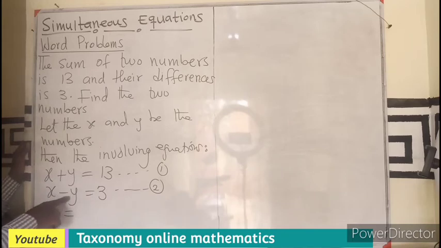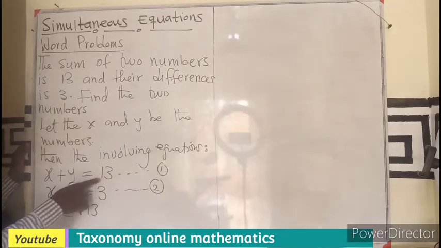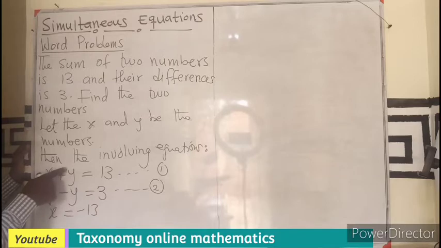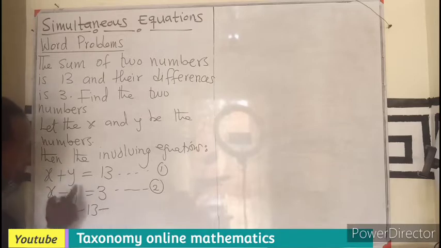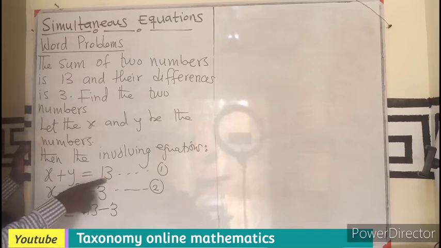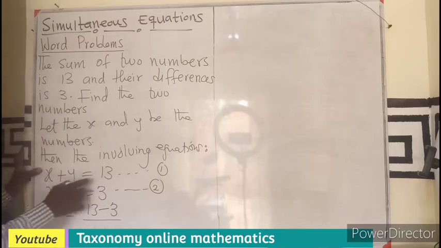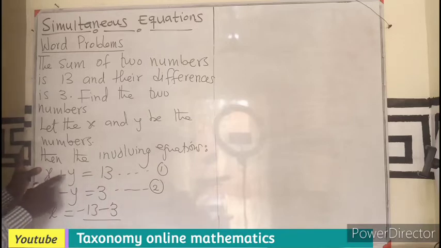I'll be using minus 1 to multiply 13 from down to top. That will be minus 13. Then from top to down, that will be 1 times 3, and we subtract: minus 13 minus 3 gives minus 16. Divided by, now here we are not going to ignore the x column, we pick its coefficients.